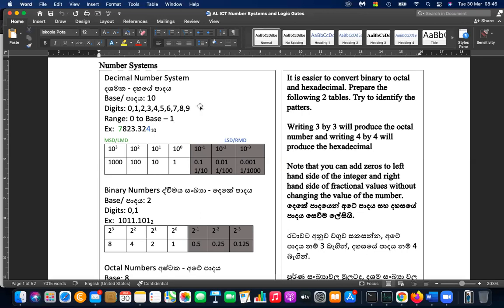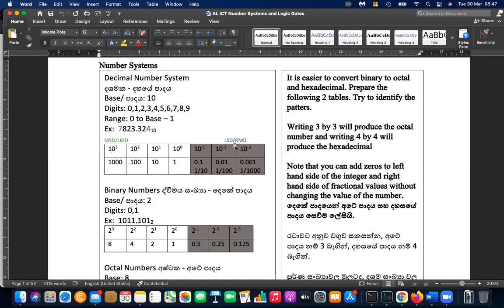Then the least significant digit is on the right side, and the most significant digit, MSD, is on the left side. Or we can call them the rightmost digit and the leftmost digit.